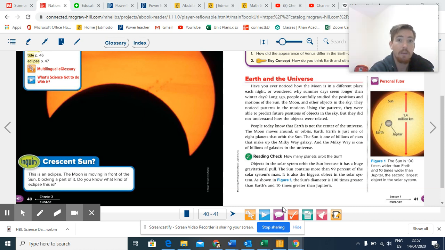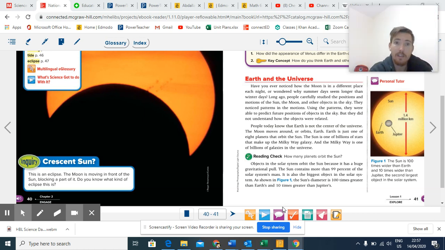Okay. Planetary bodies will always revolve around the largest object nearest to them. Make sense? The Earth is the largest object nearest to the moon, and so it revolves around. The moon is the largest object nearest the Earth, and so it revolves around the Earth. The sun is the largest object around the Earth, and so it revolves around the sun.